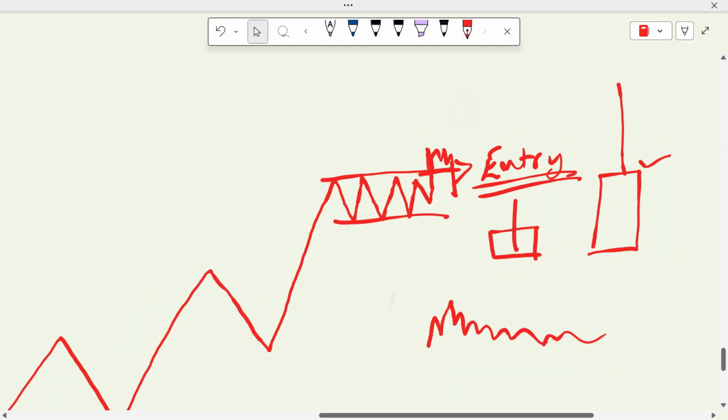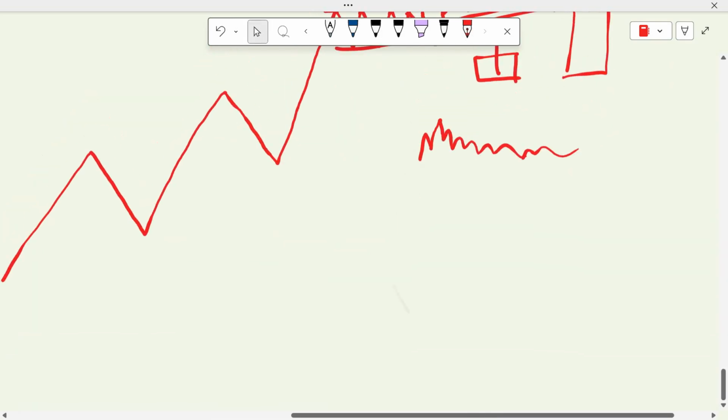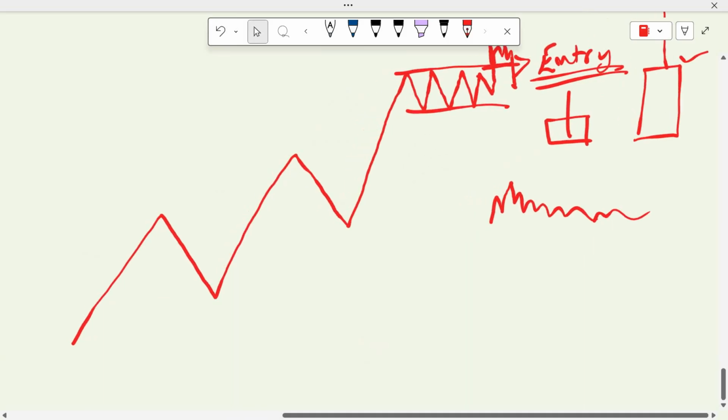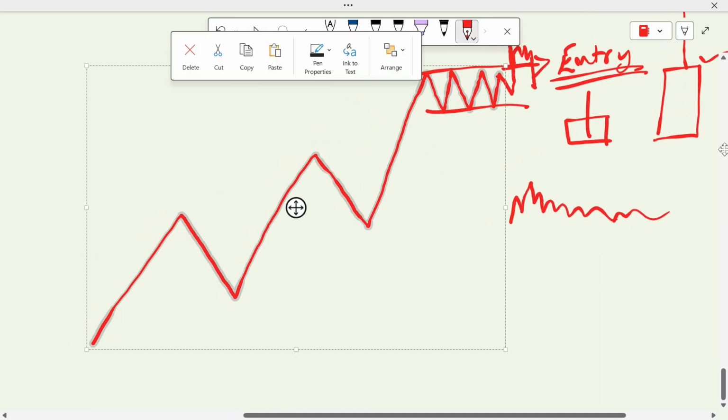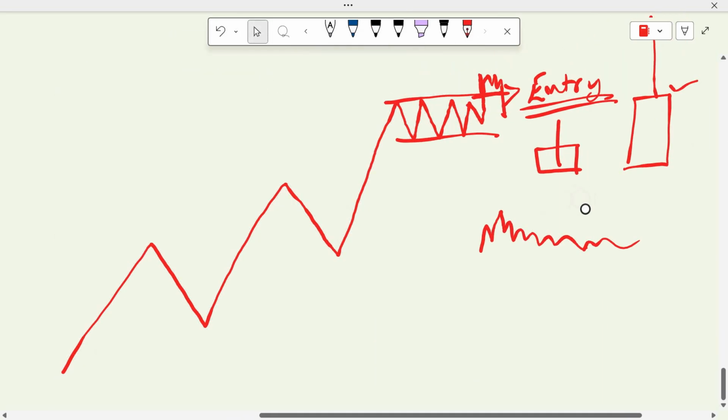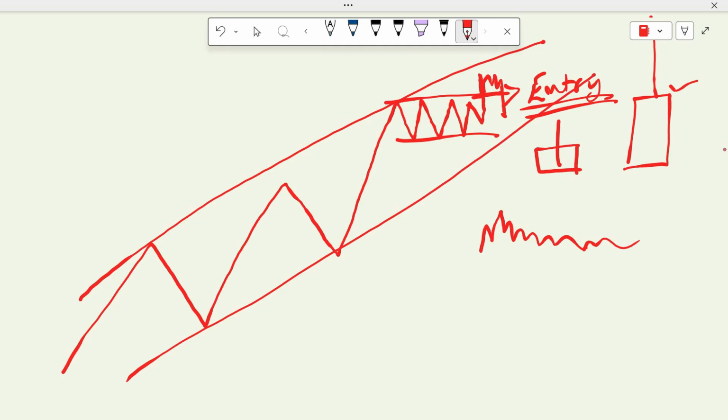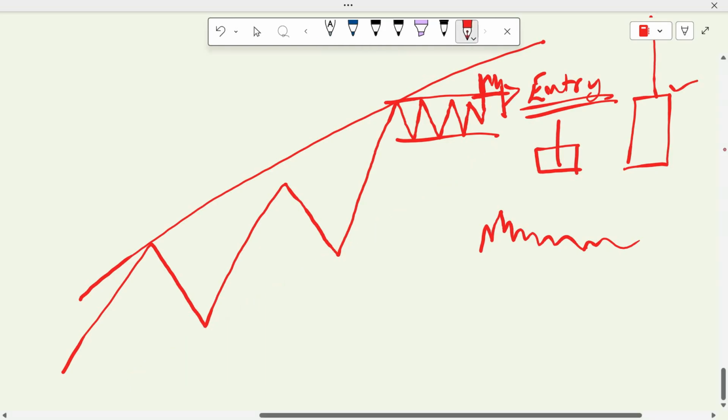right? So what is that common structure? The common structure is that most of these bases in this current market is forming near the channel resistance. You see, we can draw a very simple channel by using these three swings. We just need these three swings, or you can use this one also, okay, because this one is going to form first.